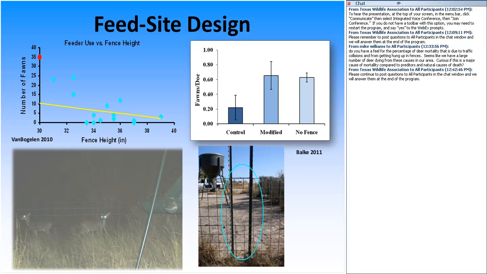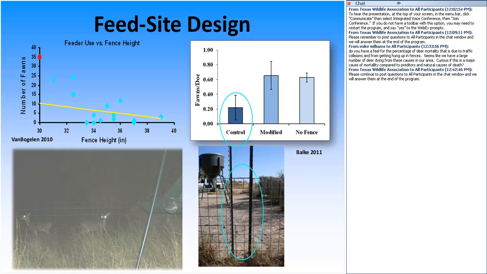I had an undergraduate student do a little project out on her ranch to look at the effectiveness of these gaps. And she had a feed pen that is called the control in this little graph up here in the upper right. And she ran cameras at that and got an estimate of the number of pictures of fawns per doe in there. And for every 100 pictures of a doe, there are about 20 pictures of a fawn in there.